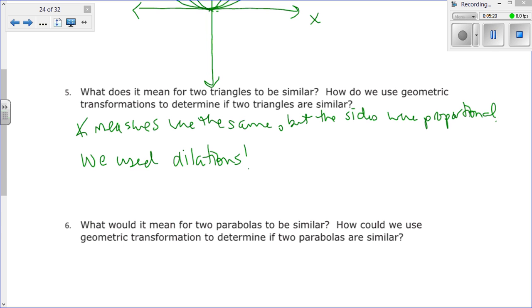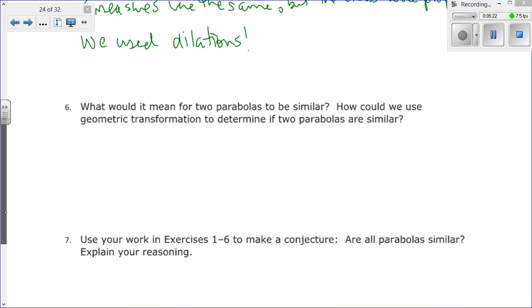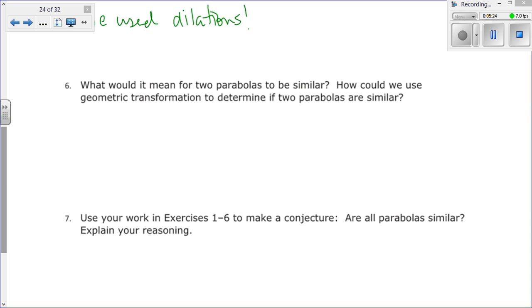So what would it mean for two parabolas to be similar? How could we use geometric transformations to determine if two parabolas were similar? Well, then we would be able to use a dilation to show that they were similar, which is a non-rigid transformation.